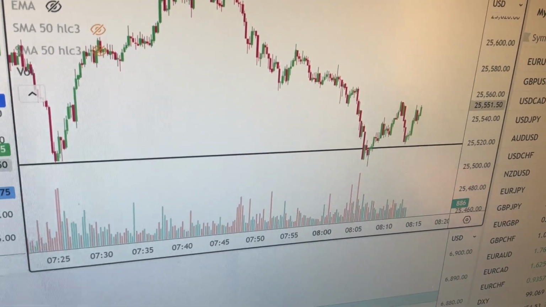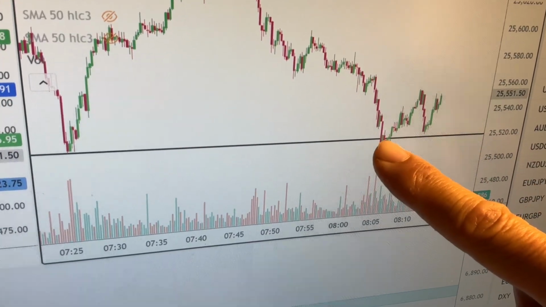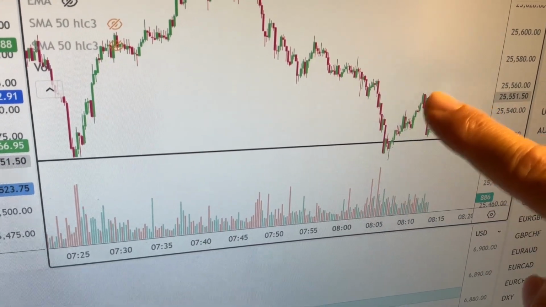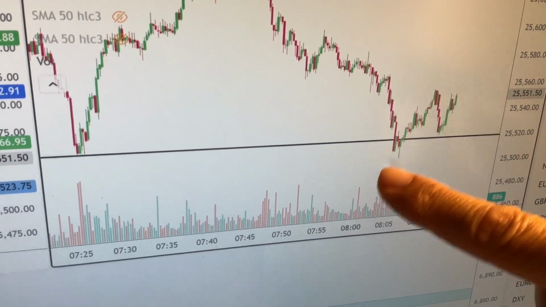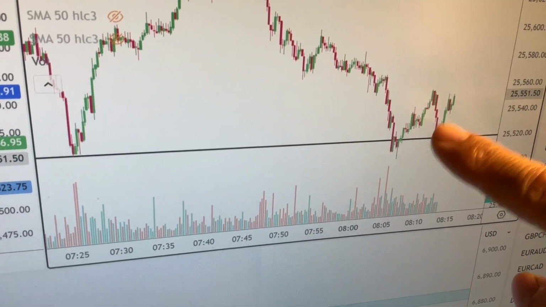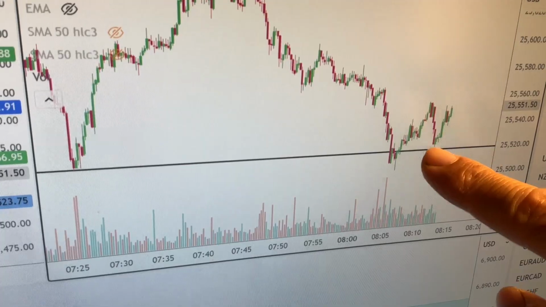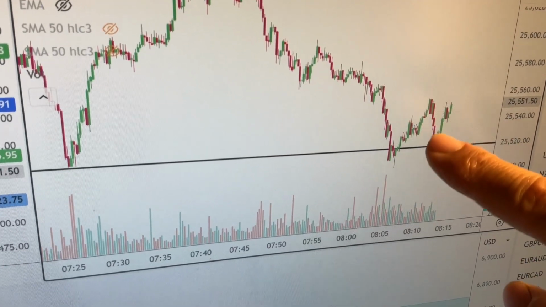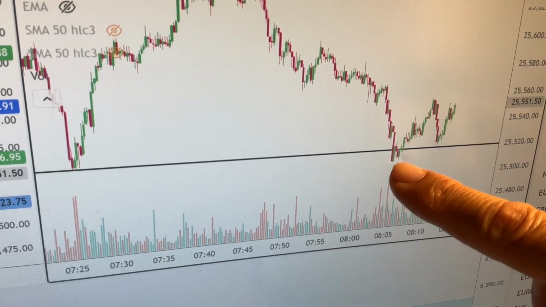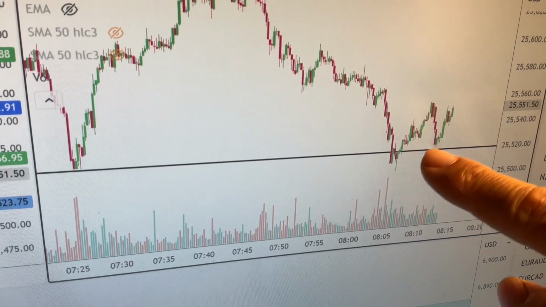So the black line is the initial balance low, the rejection there, the retest. So what we're learning here is that the retest, how this looks, it can be intimidating, but this is the story in play.